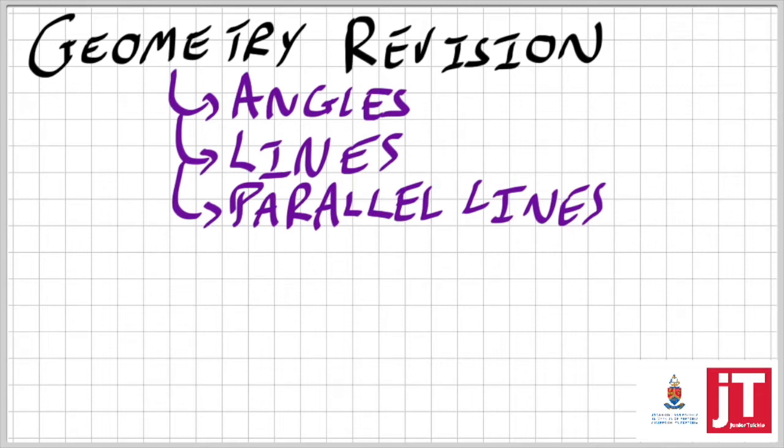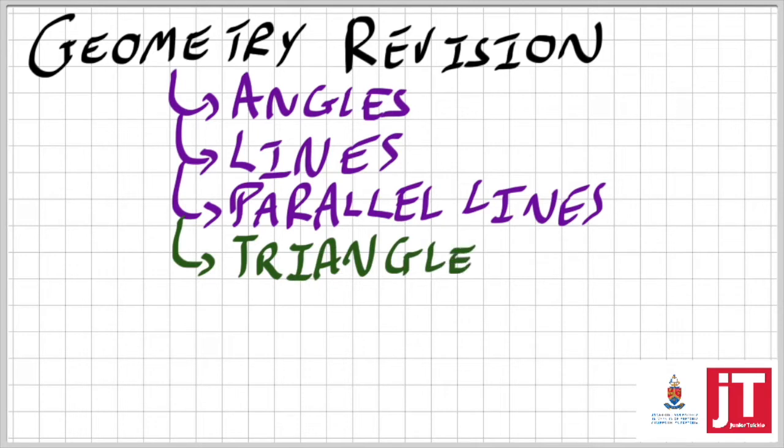So this video is going to be specifically focusing on angles and lines and parallel lines, the revision from grade 8. But in our next video, we are going to specifically look at triangles, but not just triangles from grade 8. Also the new stuff you are going to do in grade 9.